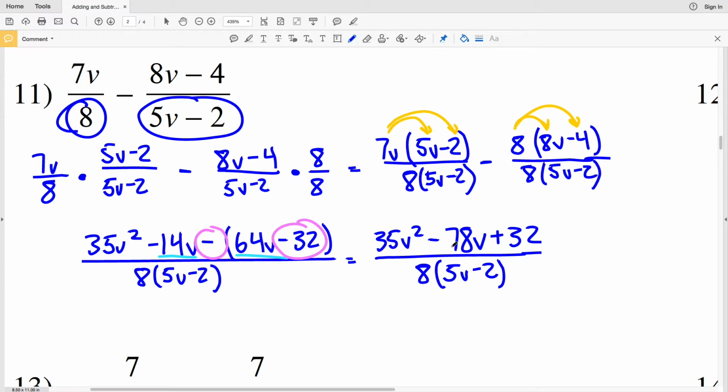So 35v squared minus 78v plus 32 over 8 times 5v minus 2. That's my solution in number 11.